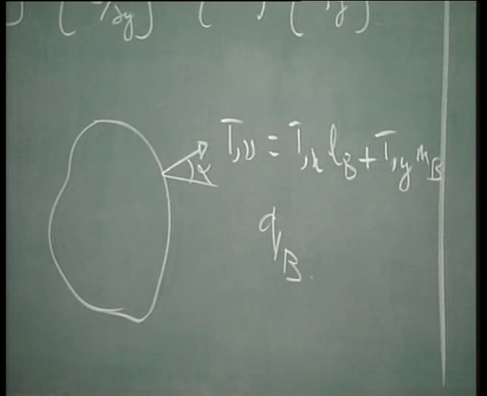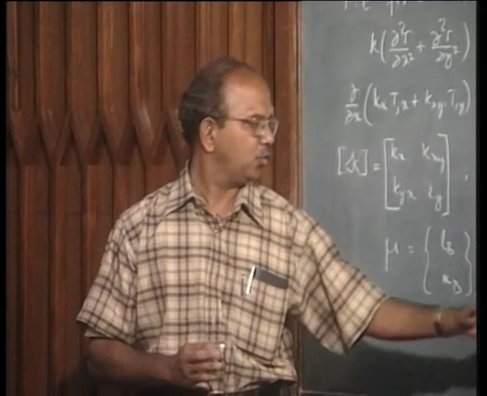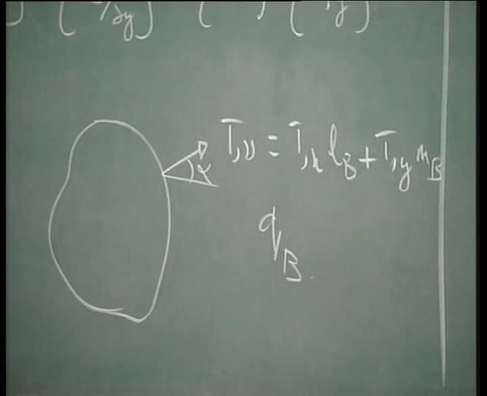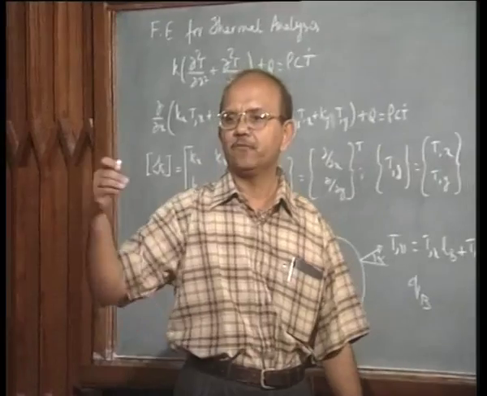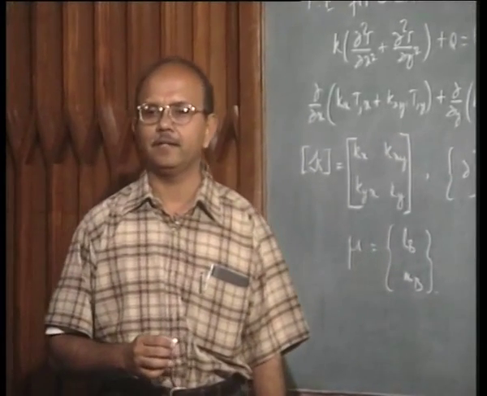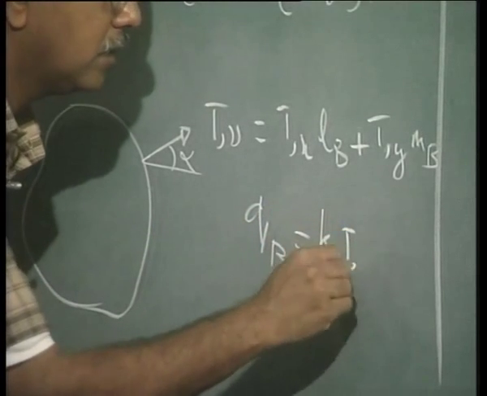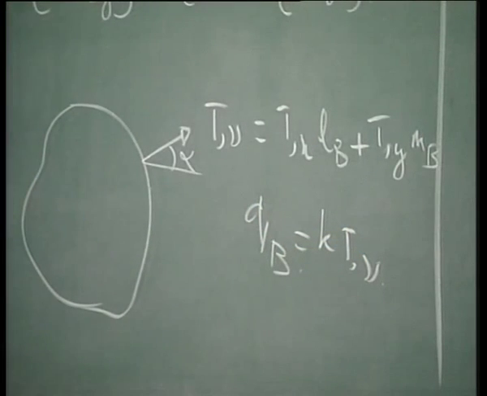The heat flux term, how do you write it? K into dou T by dou N or dou nu. Keeping the heat flux to be positive when the heat flux gets into the material, we can write this as K into T comma nu.